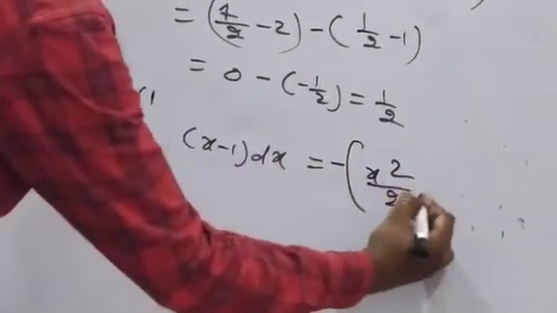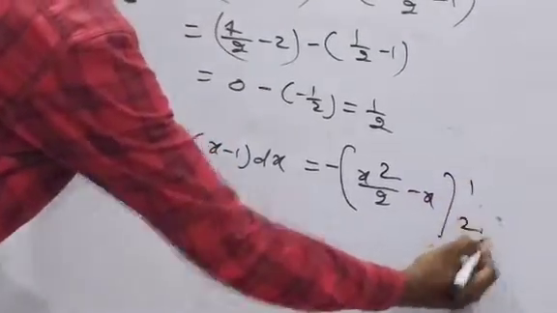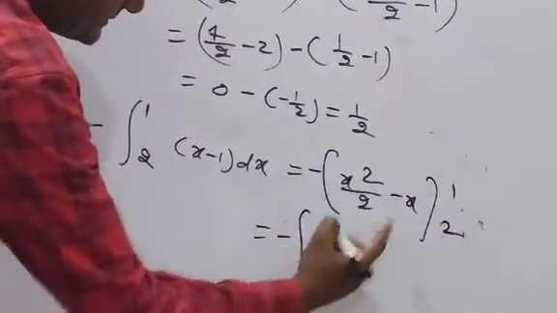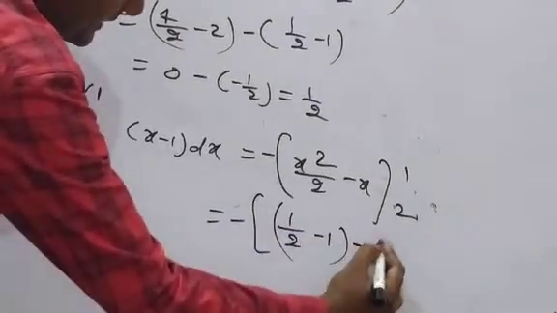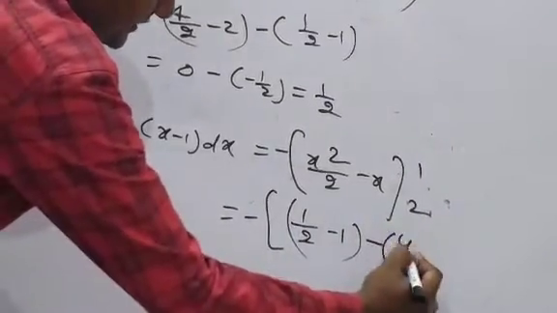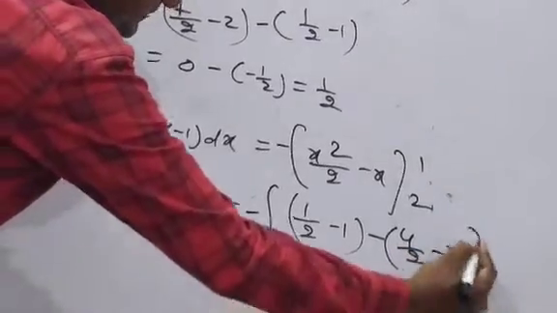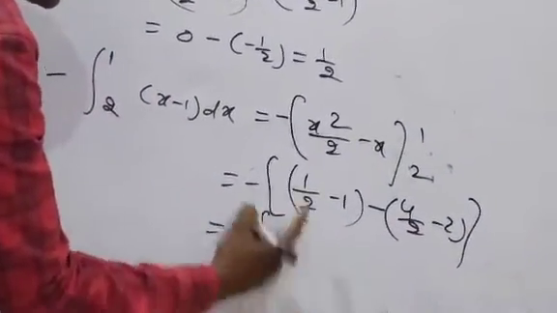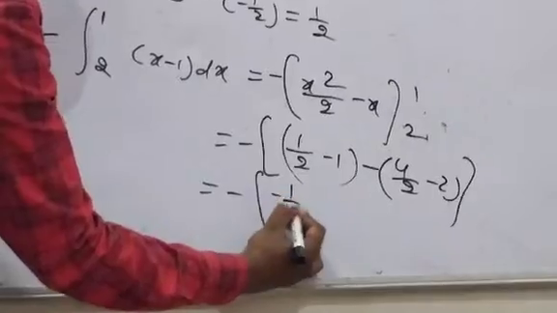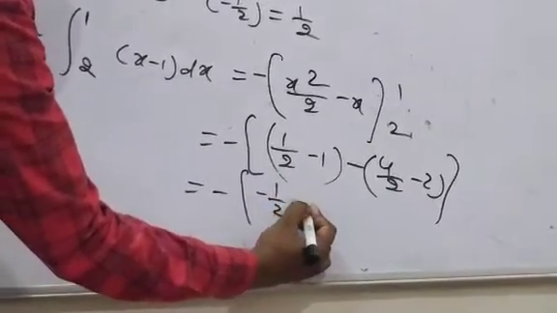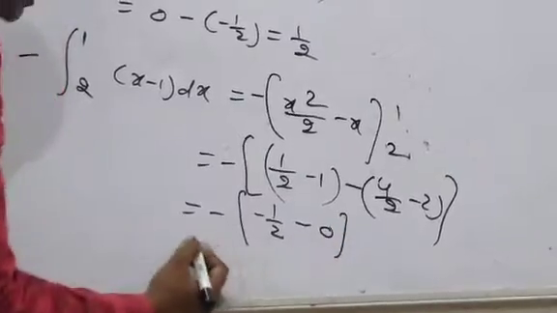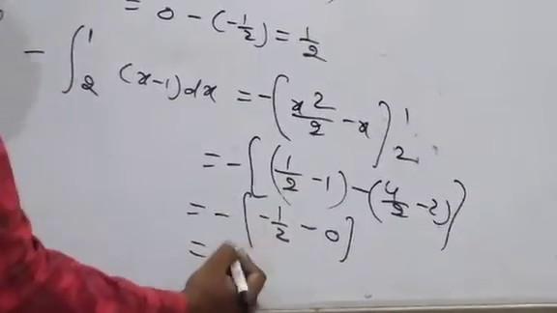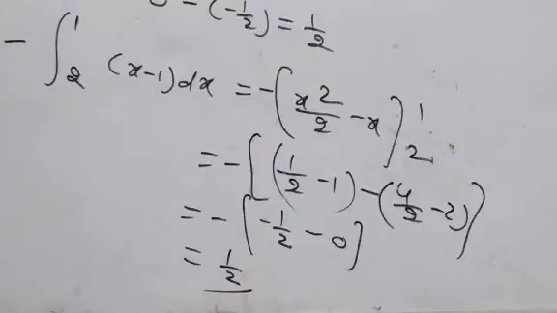Minus of x square by 2 minus x, limits 2 to 1: 1 by 2 minus 1, minus 2 square means 4 by 2 minus 2, is equal to minus of minus 1 by 2 minus 0. Minus into minus 1 by 2 is equal to 1 by 2.